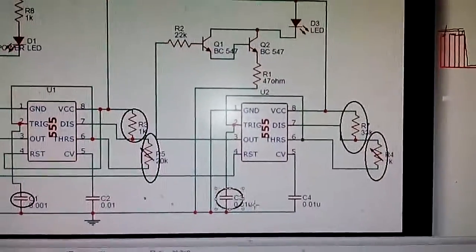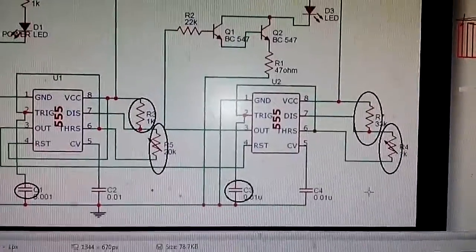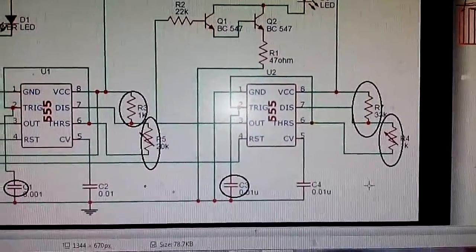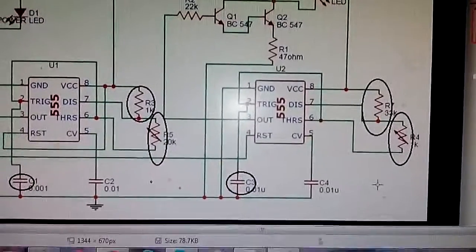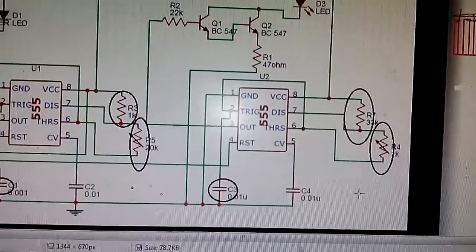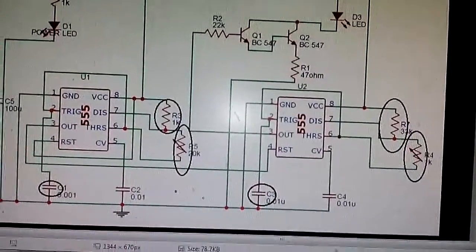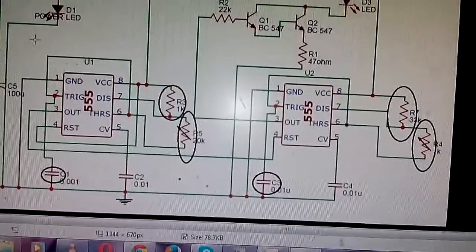These four resistor values and capacitor values actually determine the timing, the time period or the frequency of the square wave, because the resistor values are given arbitrarily.